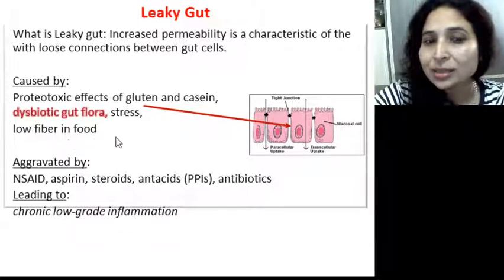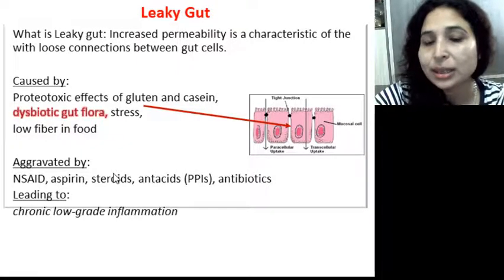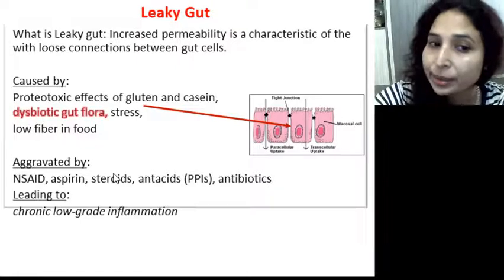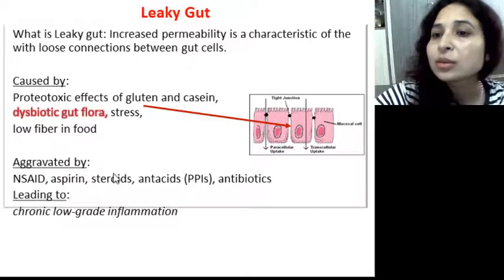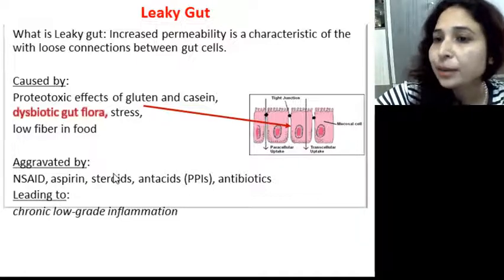All these are some of the reasons for a leaky gut situation. Then they can be aggravated by medications, long usage of medicines like aspirin, steroids, antacids, antibiotics, etc. Because of these reasons, there can be a low grade inflammation in the gut.